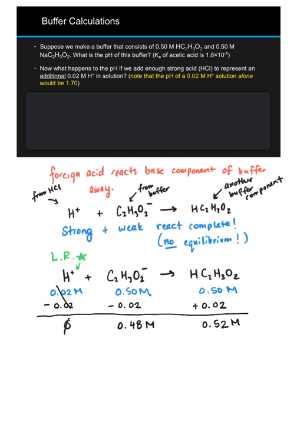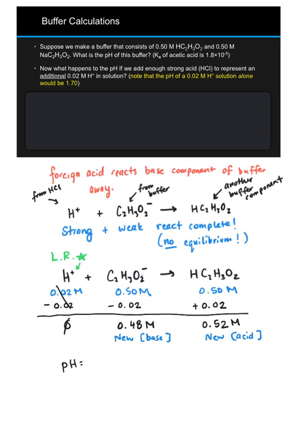Our new concentrations of our conjugate base and our conjugate acid are given here through this stoichiometry. And now, once again, we can use the Henderson-Hasselbalch equation to figure out the pH of this solution.